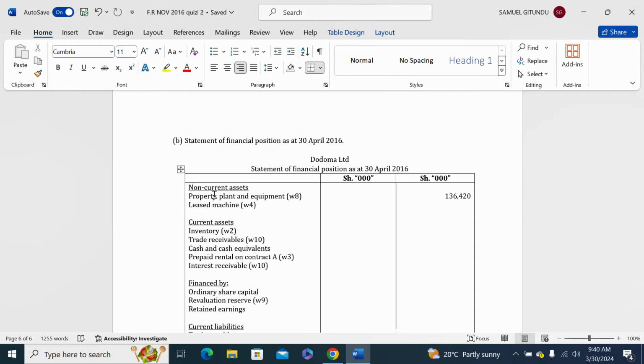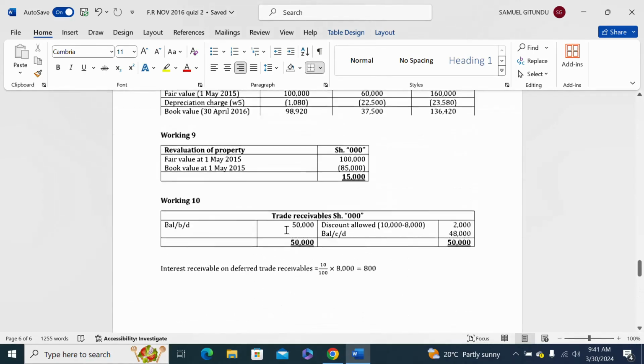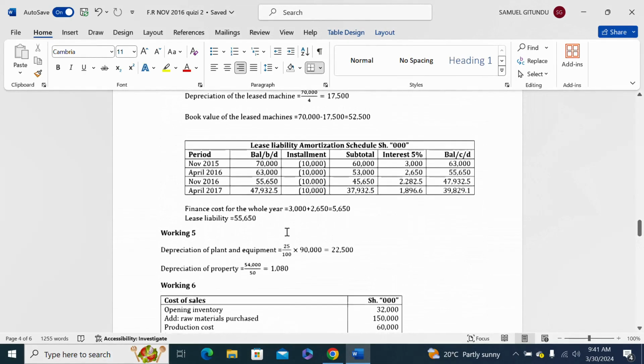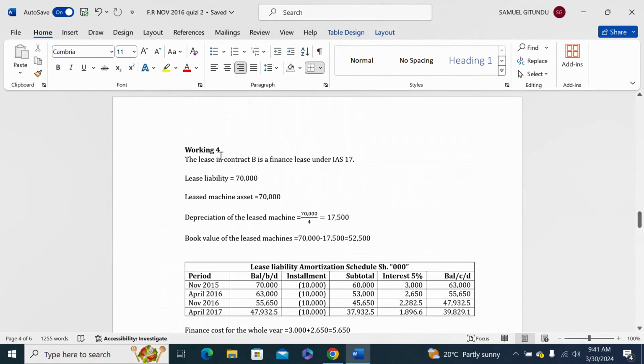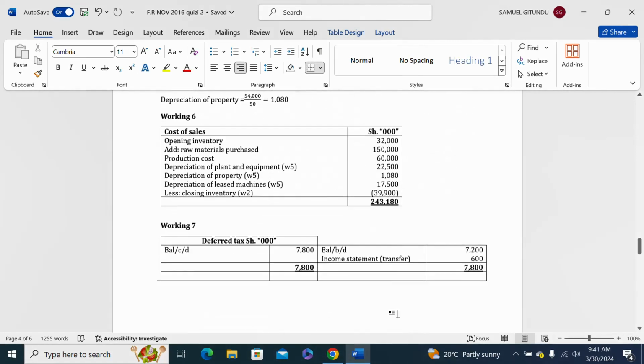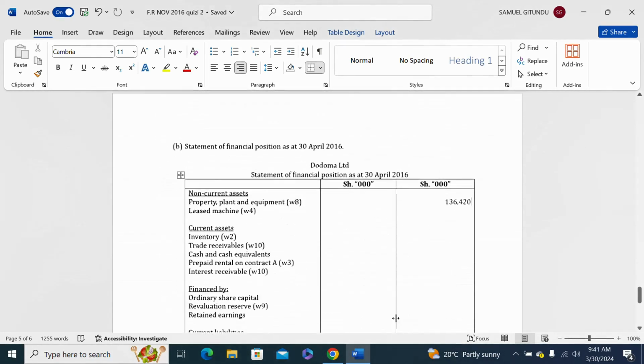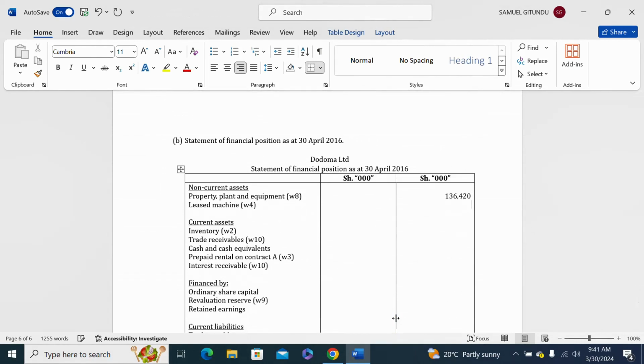Then we have the rental machines, that is from our working note number 4. The rental machine is 52,500.